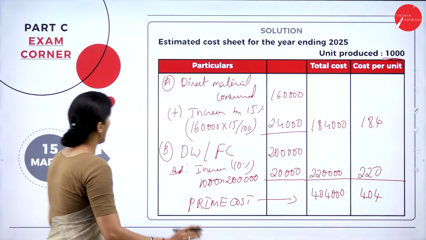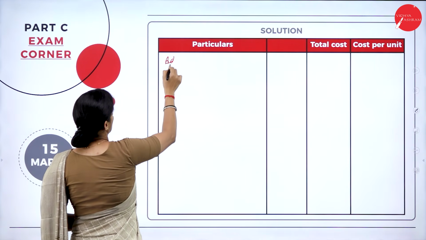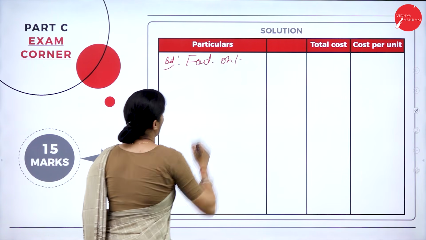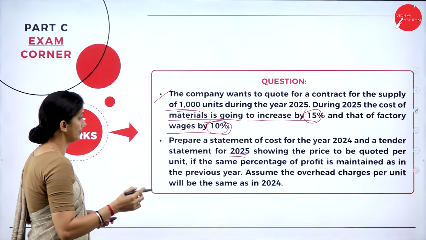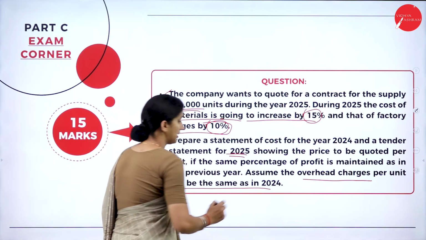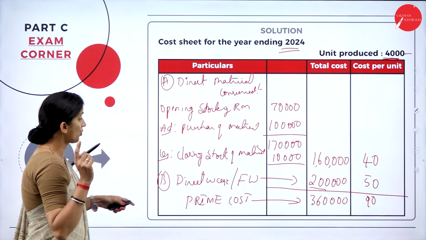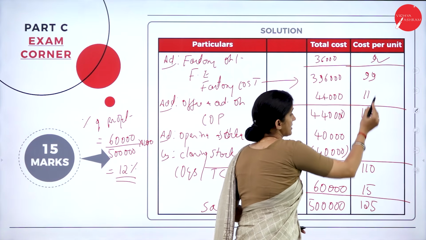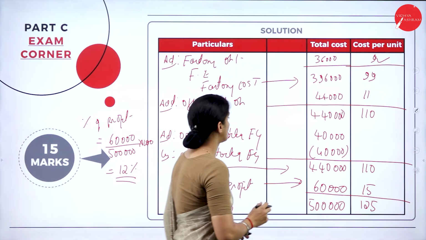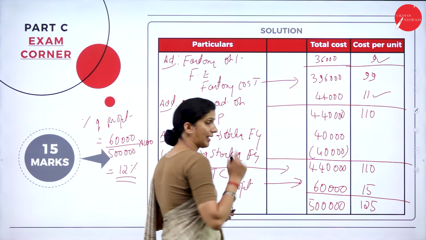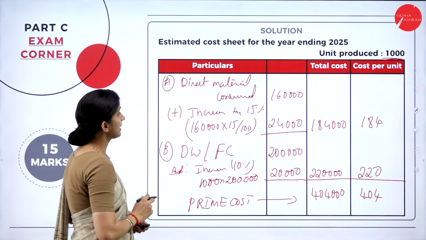So next we have, to this one we need to add factory overhead. Here, what is given in the question? Assume that the overhead charged per unit will be the same. So whatever the overhead per unit you had in the previous year will be the same for the current year also. So this 9 factory overhead and 11 office overhead will be the same.